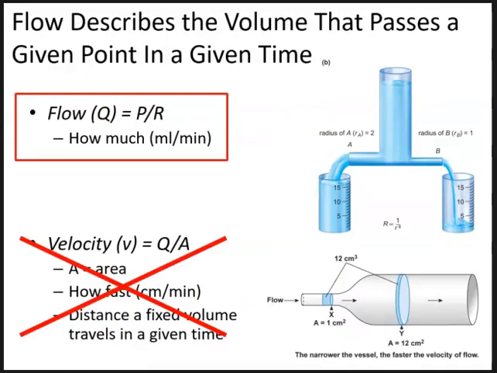So we're not really talking about the speed or velocity of blood. We are talking about flow, and we measure flow in milliliters per minute using this formula. So flow Q equals P over R. Okay, so flow describes the volume that passes a given point in a given time.